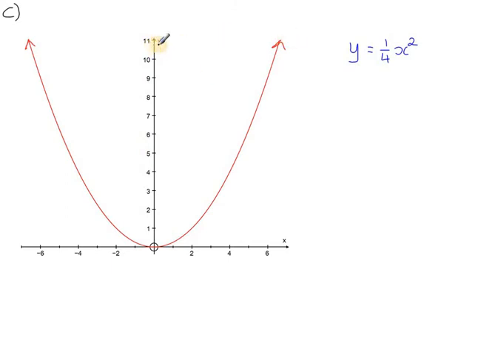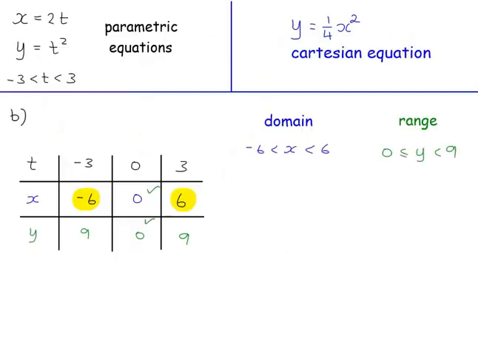But can I have y equals 11? If I go back to the original parametric equations, my y values are between 0 and 9. Y equals 11 is not valid. There's no way you're going to get y equals 11 from this equation for these limited values of t.